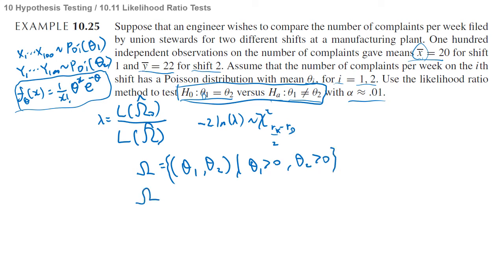And what about omega 0? Omega 0 is theta 1, theta 2, where theta 1 is equal to theta 2.